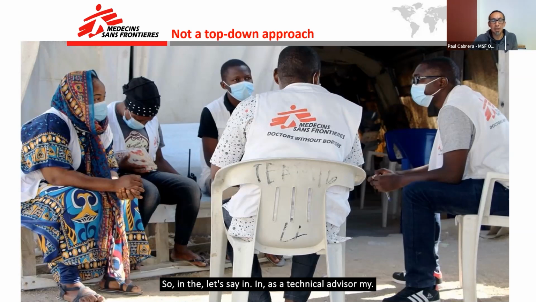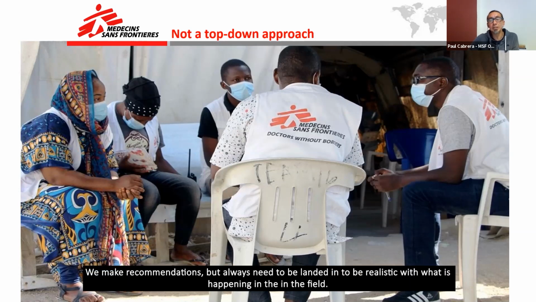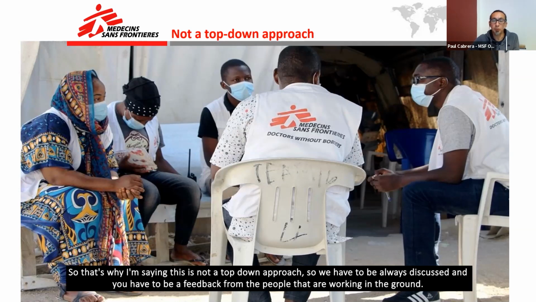As a technical advisor, we make recommendations, but they always need to be grounded and realistic with what is happening in the field. So that's why I'm saying this is not a top-down approach. It has to be always discussed, and there has to be feedback from the people that are working on the ground. The next, please.